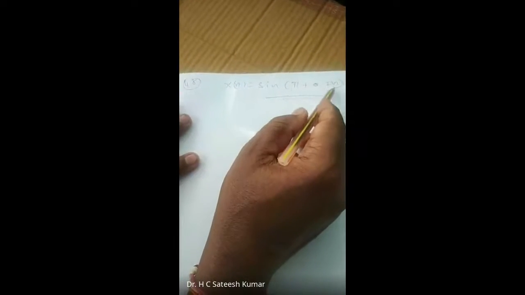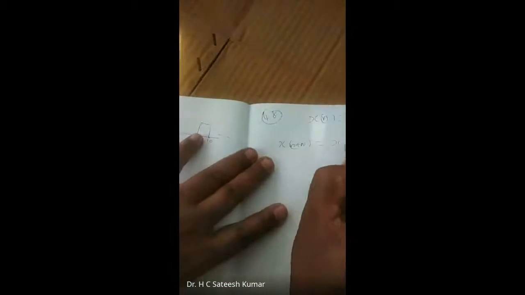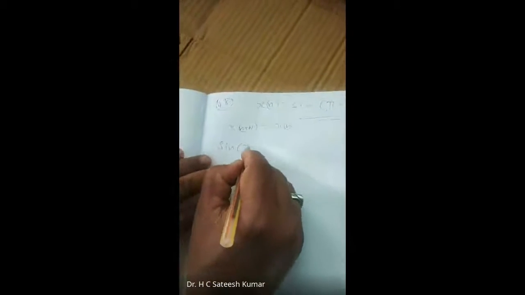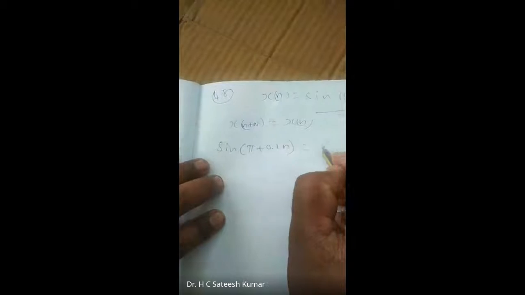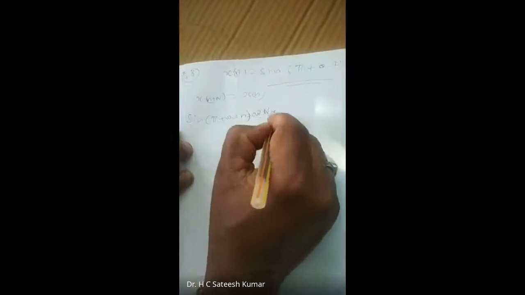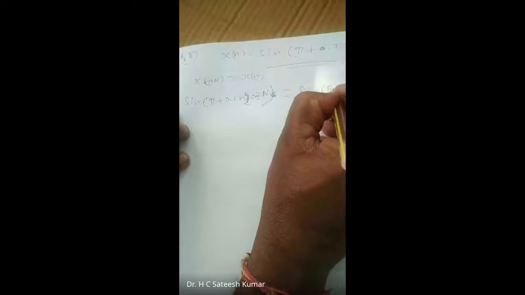That's all. So x of n plus N is equal to x of n. x of n plus N is sine of pi plus 0.2 n plus 0.2 N is equal to sine of pi plus 0.2 n.